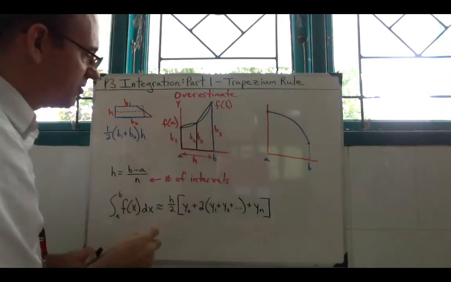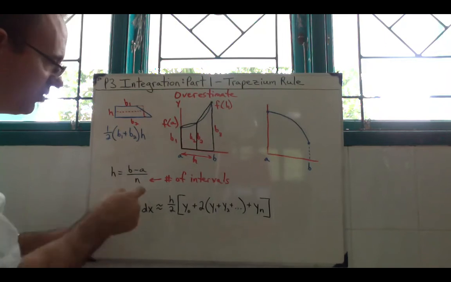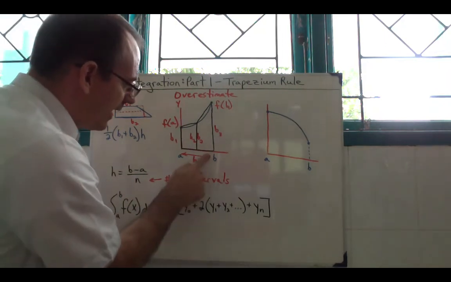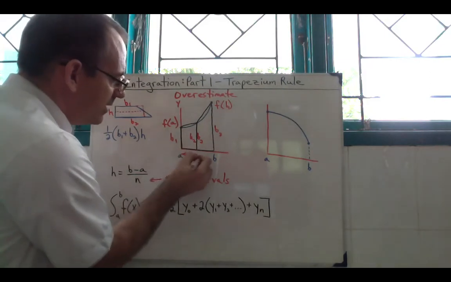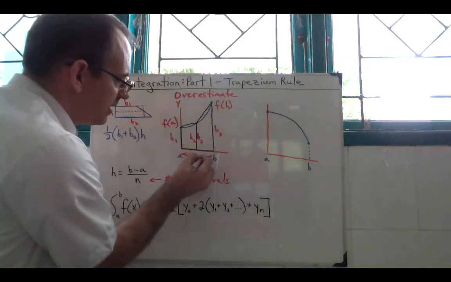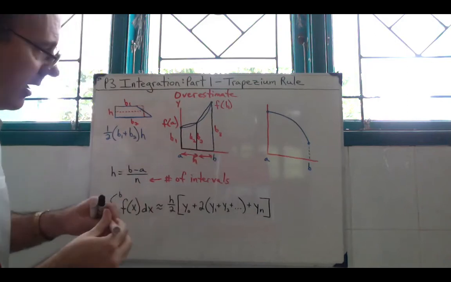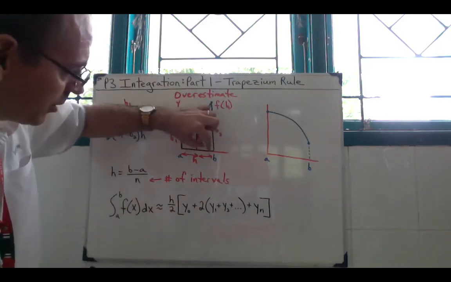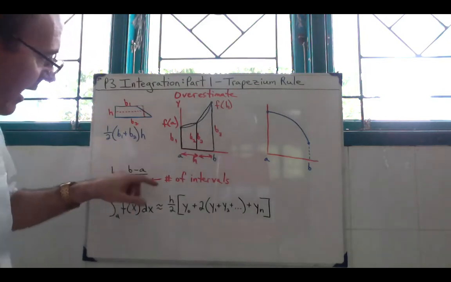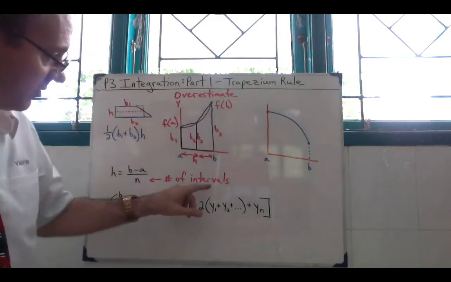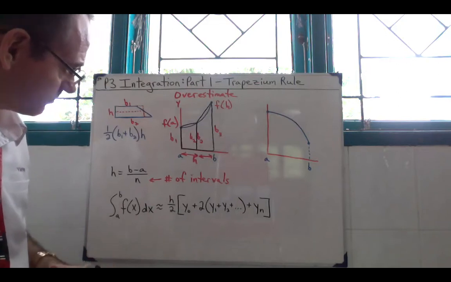Now we have 2 intervals, so we would divide by 2. So now the height would just be this long here, and then you have another one this long here. So your height is your height per trapezium. So B minus A now divided by 2 because we're using 2 intervals.